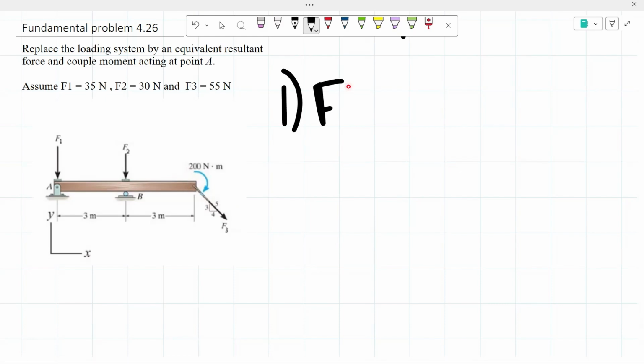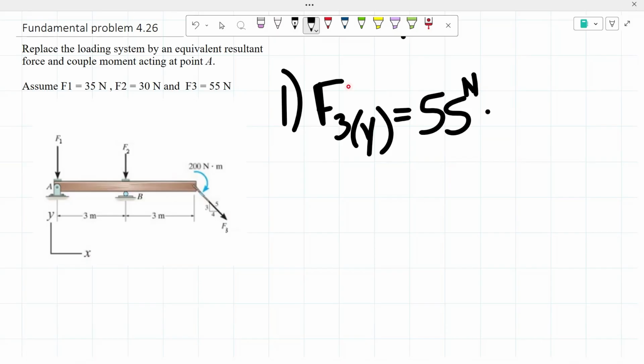So F3 in the y component is equal to the 55 newtons times 3 over 5, because it's given to us here, this is a 3, 4, 5 triangle, or a 3, 4, 5 slope.